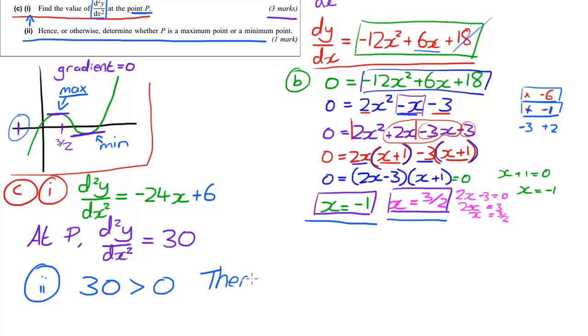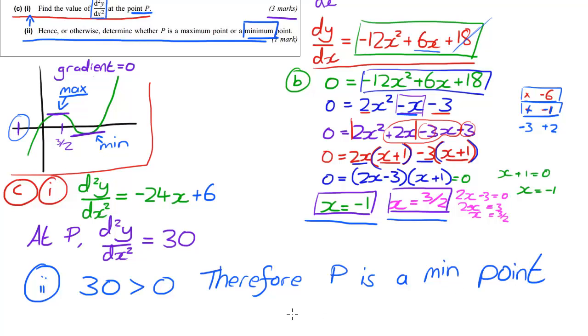Therefore, P is a minimum point. It's a bit counterintuitive. You'd think, because it's a high number, it would be a maximum, but it isn't. It's a minimum point.